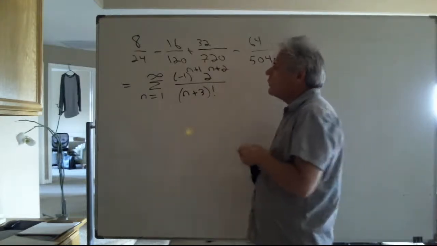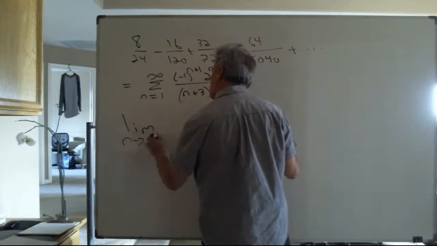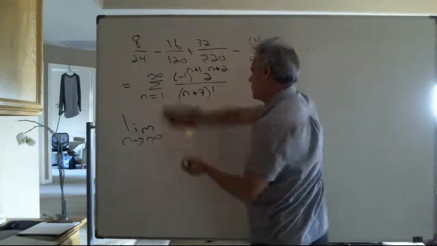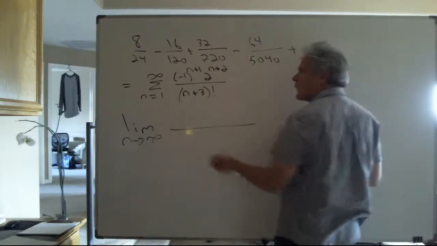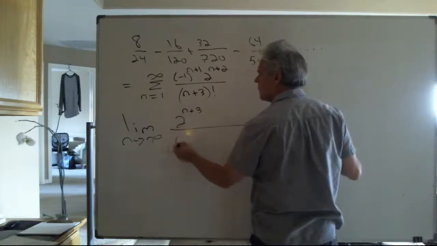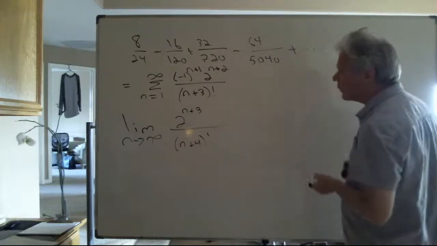explicitly, I will use a ratio test to determine whether or not I converge. Here is the n plus first term in absolute values. Here's the reciprocal of the nth term.